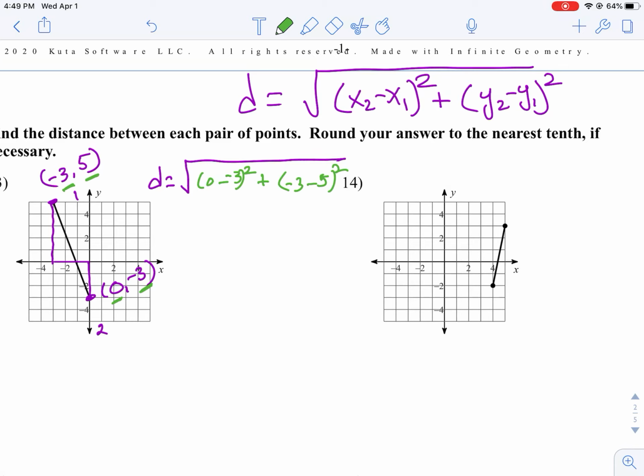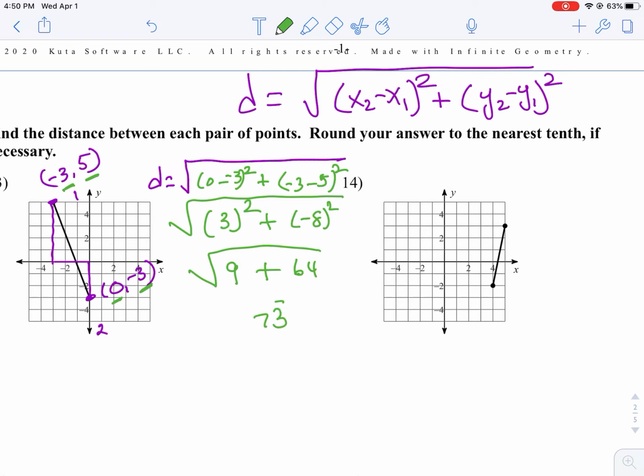So if you do 0 minus a negative 3, you get 3. If you do negative 3 minus 5, you get negative 8. 3 squared is 9. Negative 8 squared is 64. 9 plus 64 is 73.